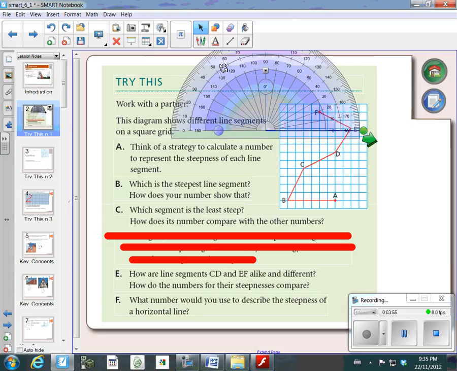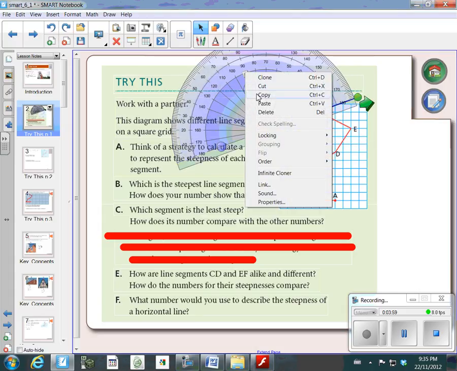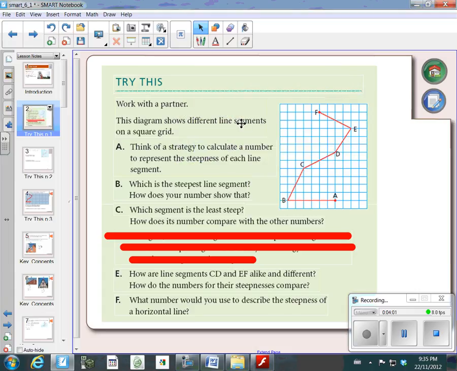But you won't always have a protractor to do that type of work. So we're going to need to find another way. A second way to find steepness would be by comparing how far you go up to how far you go over. Let's look at this line BC, which we already know is the steepest. How far did we go up?